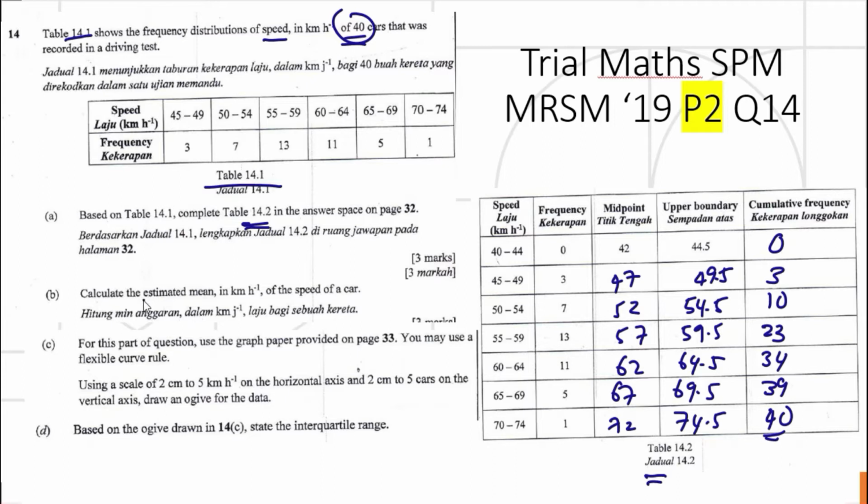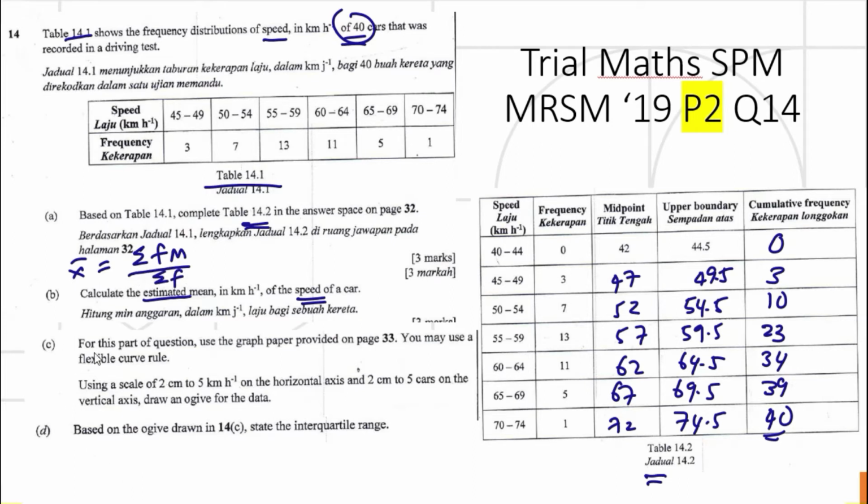Now calculate the estimated mean speed of the cars. The mean is equal to the sum of frequency times midpoint, divided by the sum of frequency.